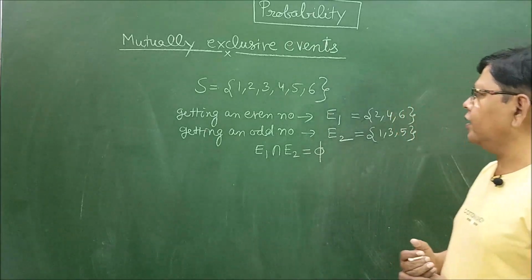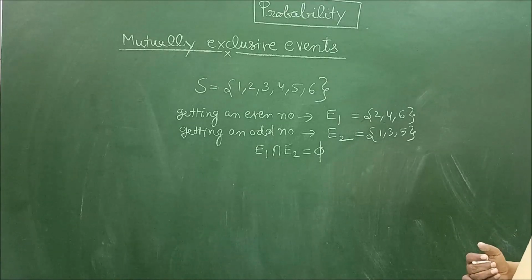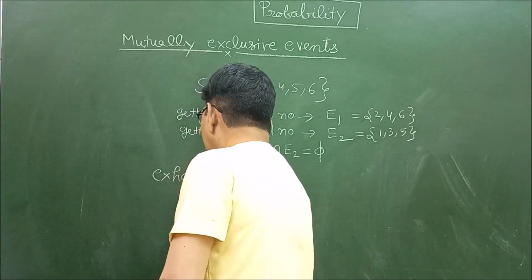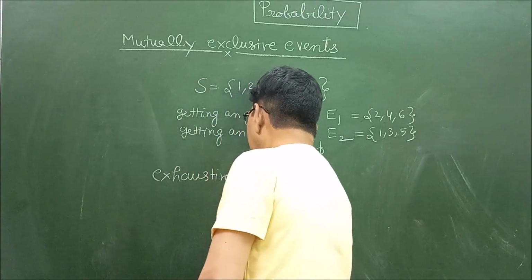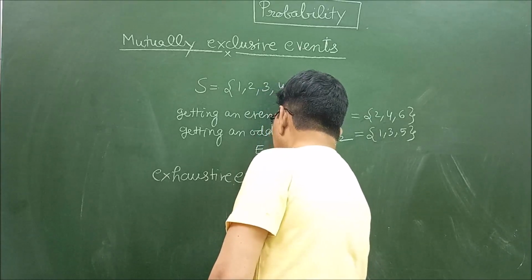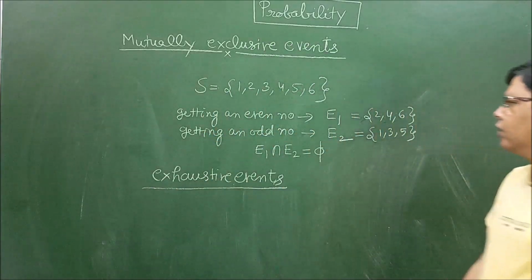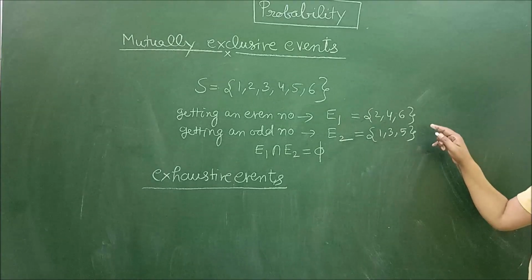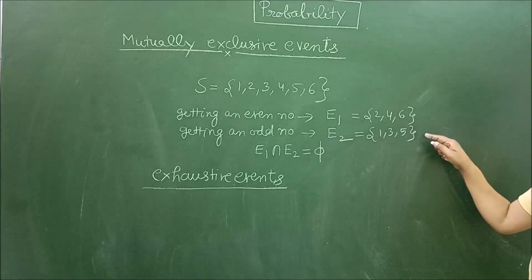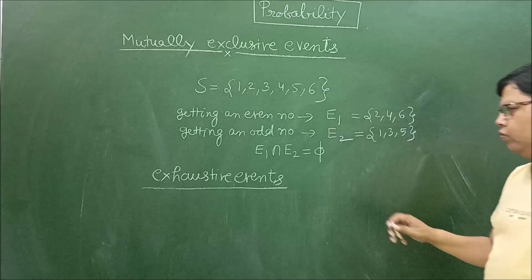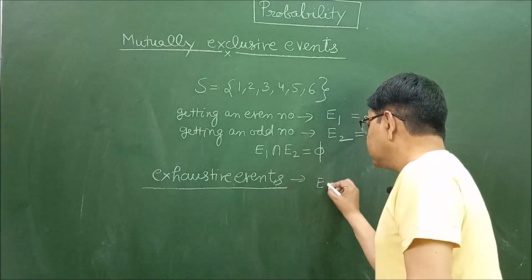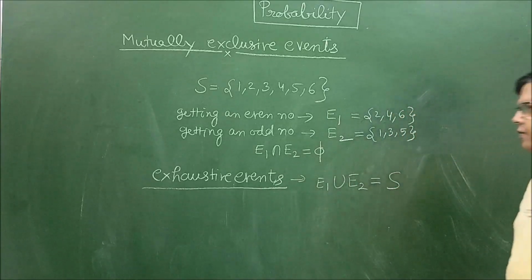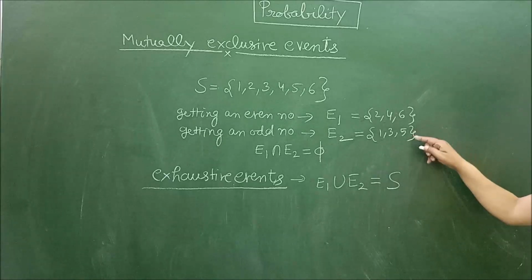Now one more type I will discuss, exhaustive events. In the same example, if I take the union of these two events, E1 union E2, then I get the sample space S. 1, 2, 3, 4, 5, 6 all are there.